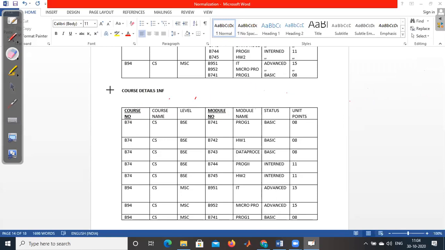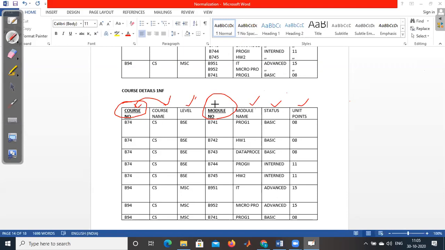So what are the key attributes here? Course number is a key attribute. Module number is a key attribute. According to second normal form, all non-key attributes, that means course name and level, and module name, status, and unit points, should be fully dependent on the primary key attributes. Say, for example, course name depends on the course number.